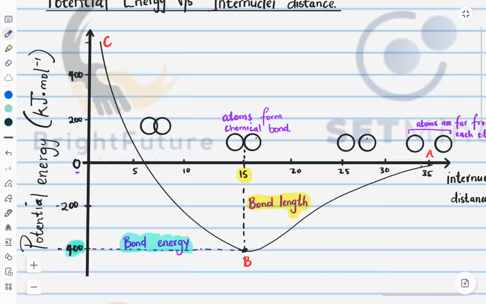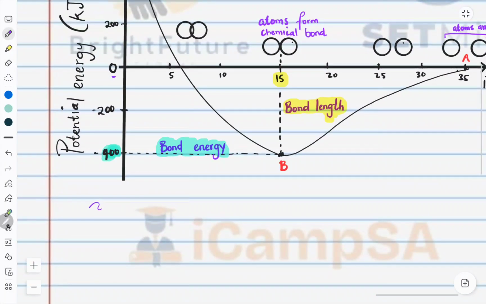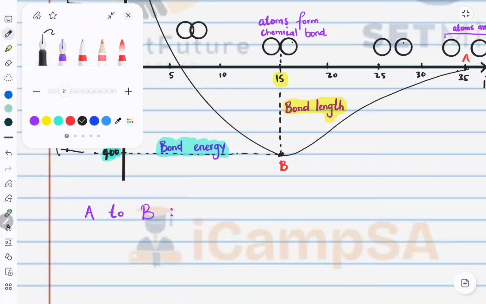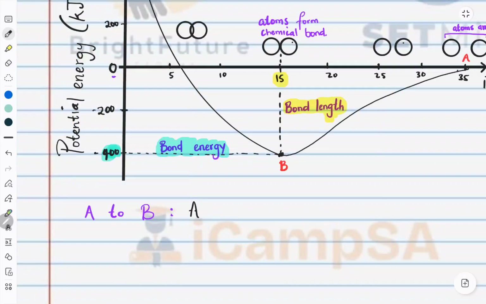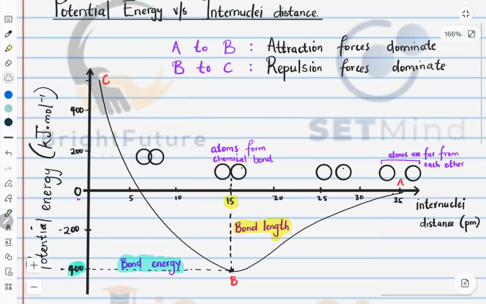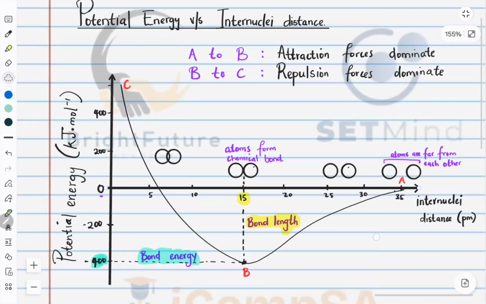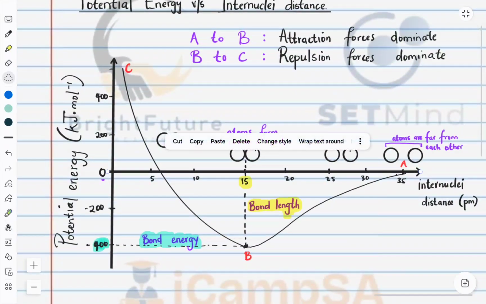So we can add that to our graph and say, between A to B, attraction forces dominate, and then at points B to C, repulsion forces dominate.